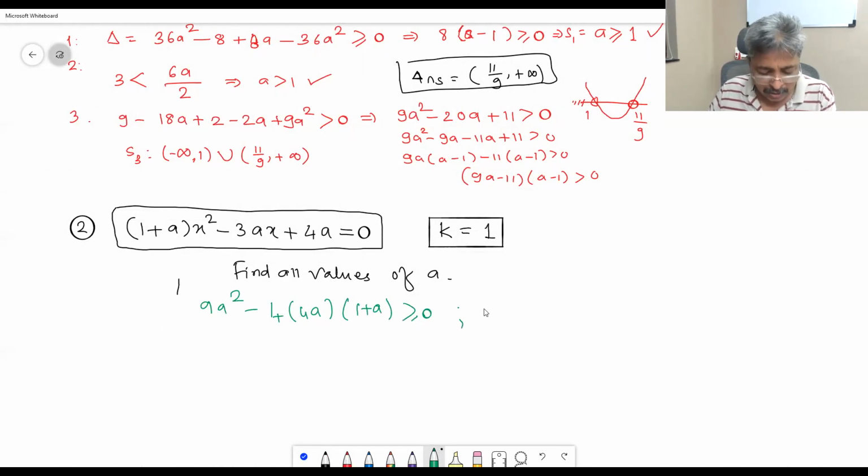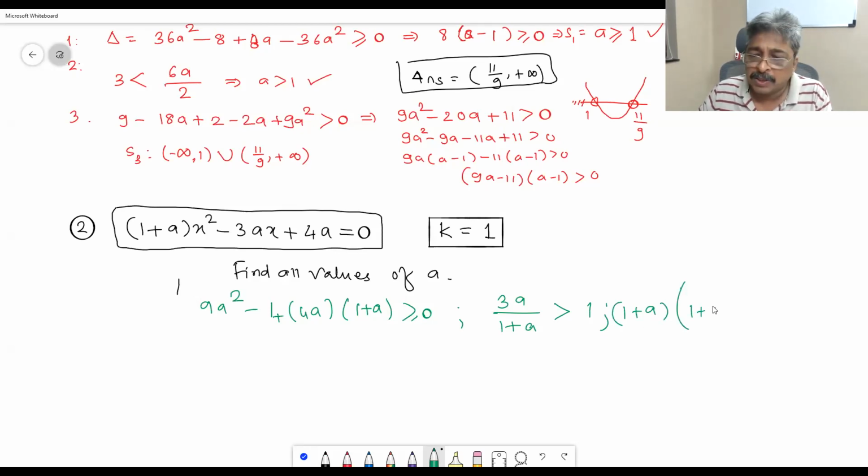One condition. Second condition, 3a upon 1 plus a should be greater than 1. Third condition, 1 plus a times 1 plus a, x is fortunately 1.